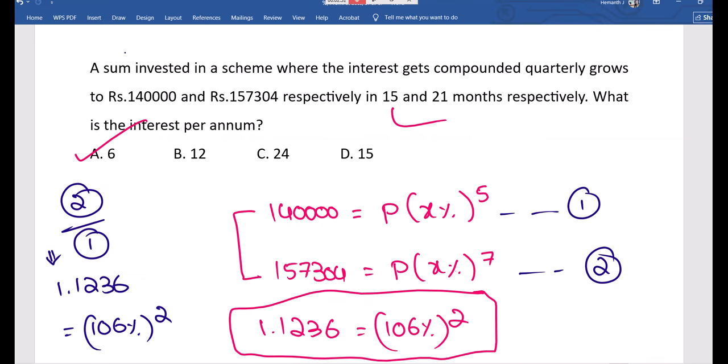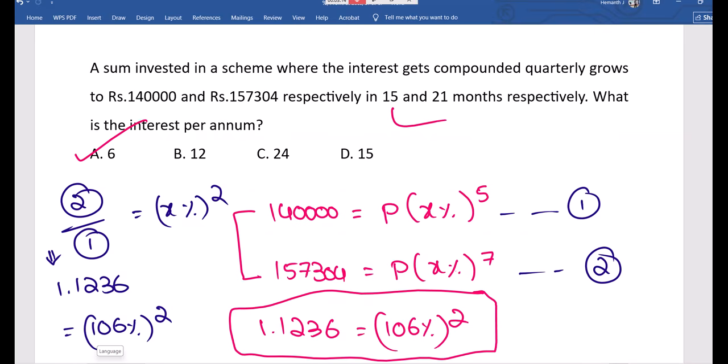Right side is x percent whole square. So x will be equal to 106%. Rate of interest is 6%. Without a calculator, if you don't know that 1.1236, then prove it.